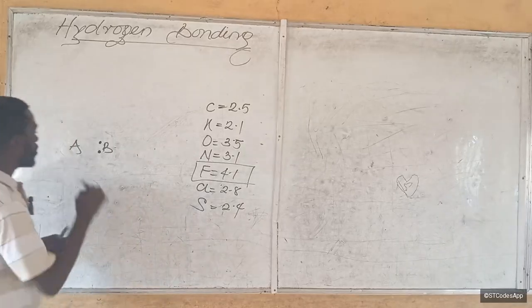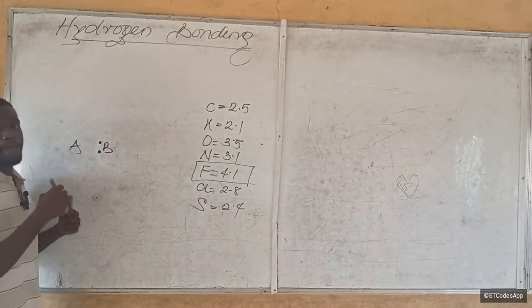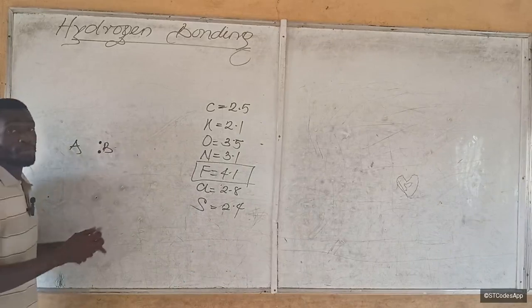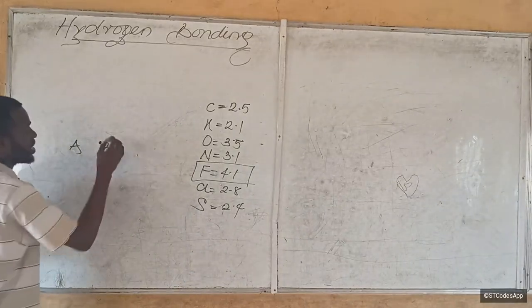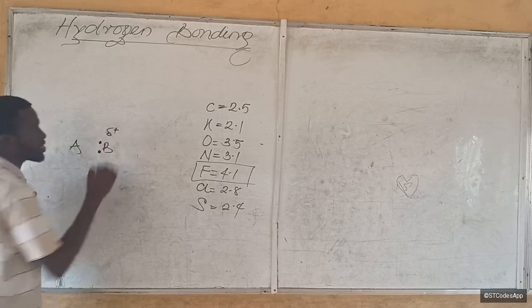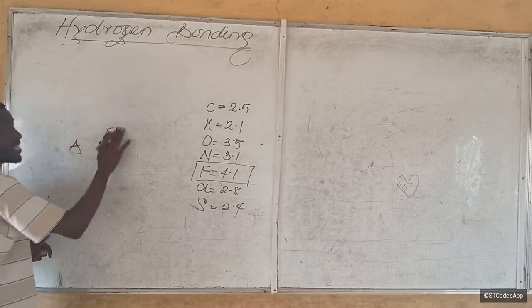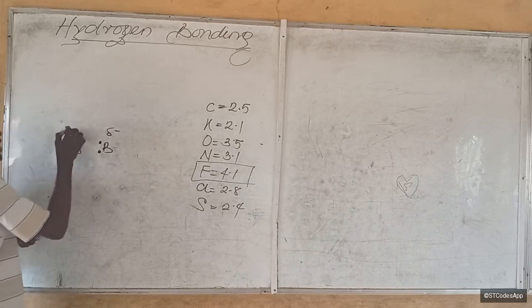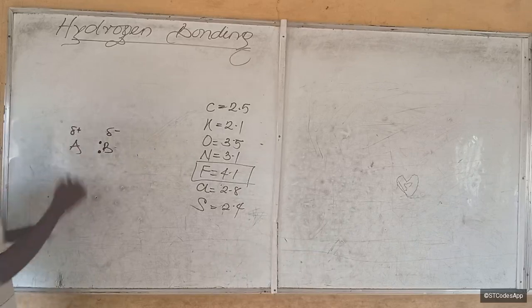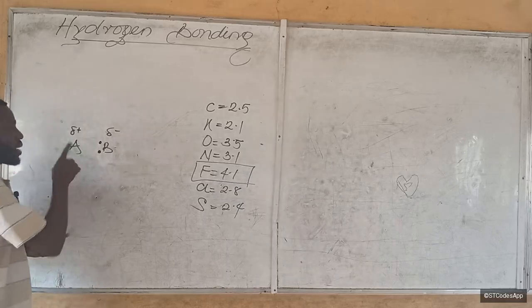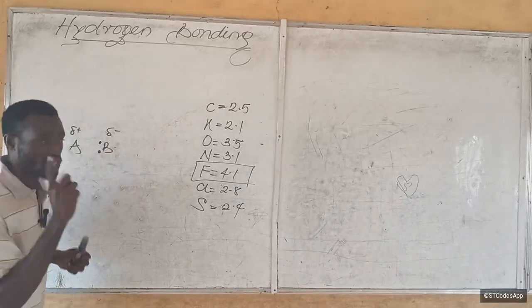Because of this, the atom that is more electronegative, our atom B, is going to have a partial negative charge, while the other is going to have a partial positive charge. Now remember, these are partial charges and not formal charges.